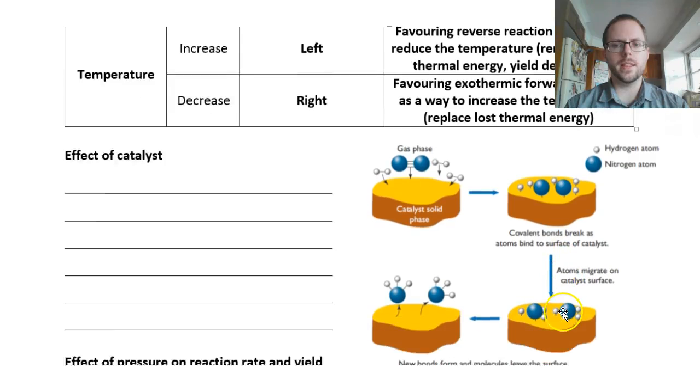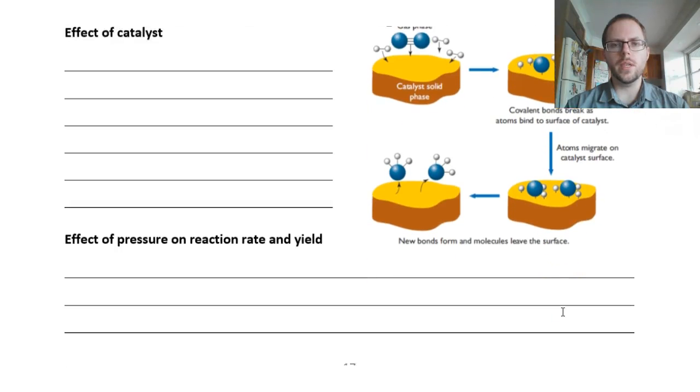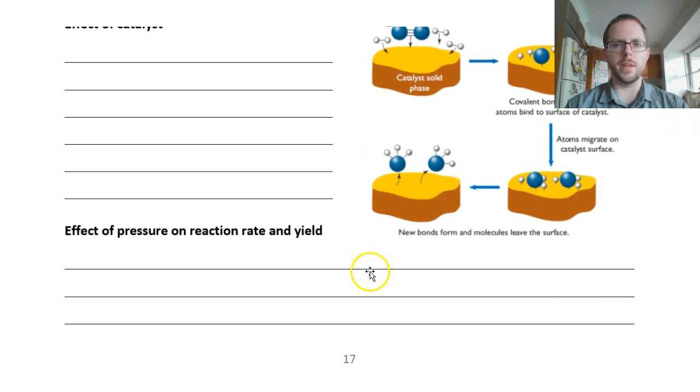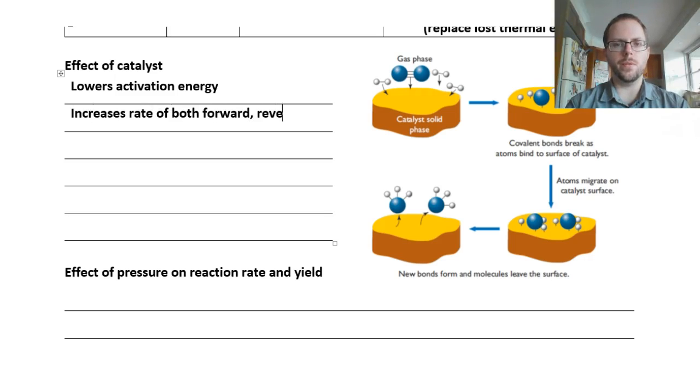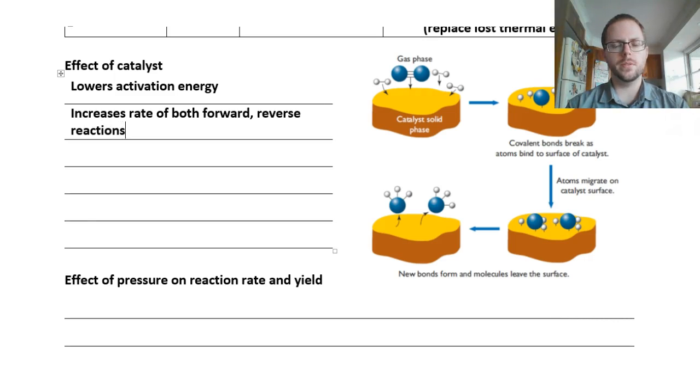The last thing that we're going to look at changing about the system is the catalyst. Just like we've talked about before, when we add a catalyst, it lowers the activation energy. It increases the rate of both forward and reverse reactions.